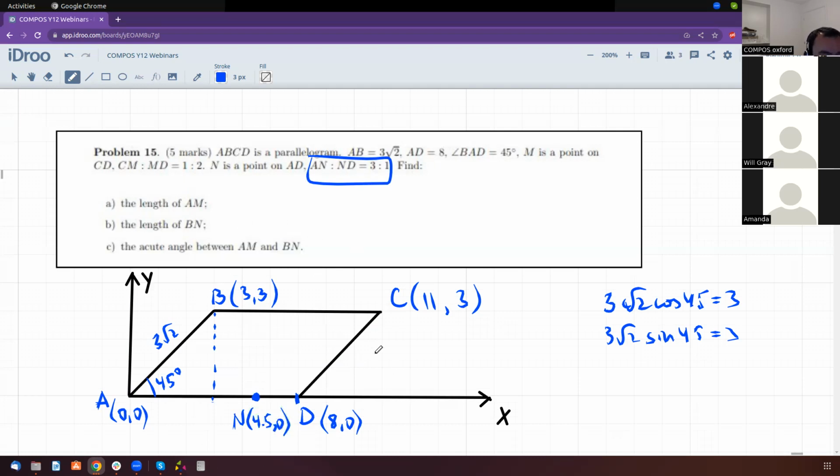And M has a ratio: CM to MD is 1 to 2. So it's 1 to 2.